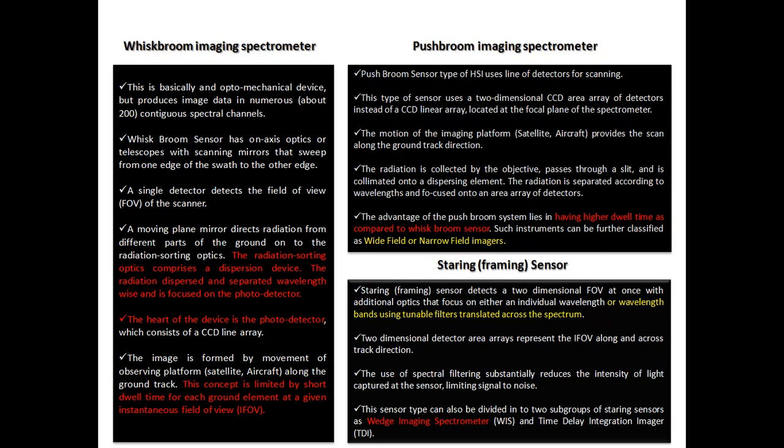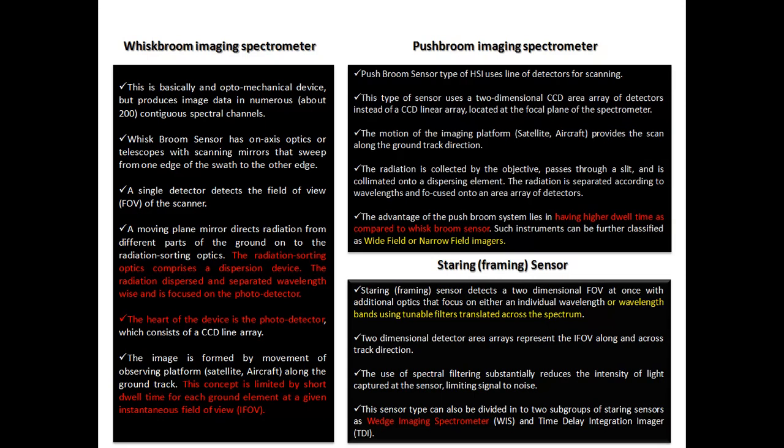Next, in the case of the Whiskbroom imaging spectrometer, the photodetector consists of a CCD line array. But in the case of the Push-Broom, the detector uses a 2D CCD area array.